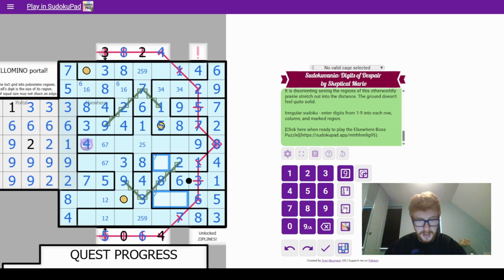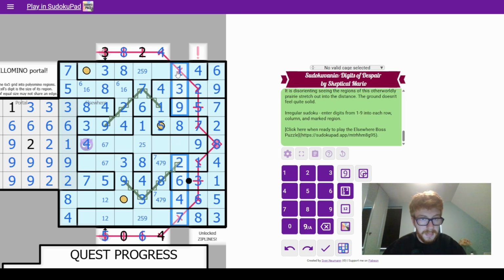And in this box, I am missing 1, 2, 3, I'm missing 4, 5, 6, 4, 7, and 9. That's not 7 or 9, that's a 4. That's a 3, that's a 4. And in this column, I am missing a 5.